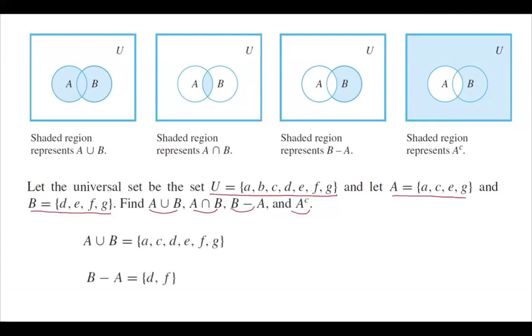Basically, the union is everything that is in both sets. B minus A is everything that is in B but not in A. A intersection B is all the common elements between A and B. And finally, the complement of set A is everything that is not in A.